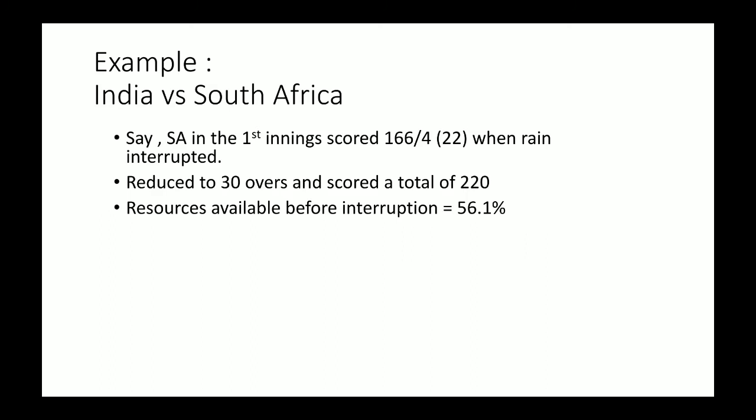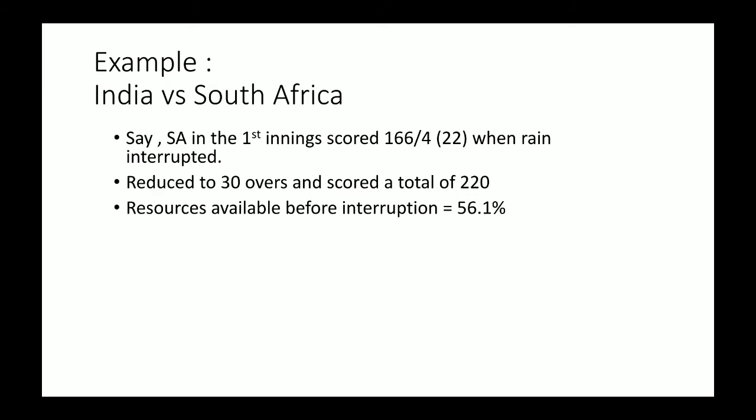Over here, we will first take into consideration the total resources available for South Africa once the rain started to pour. We can see that in 22 overs, South Africa had scored 166 with a loss of 4 wickets. So we will take into consideration the total number of overs left and the total wickets lost.